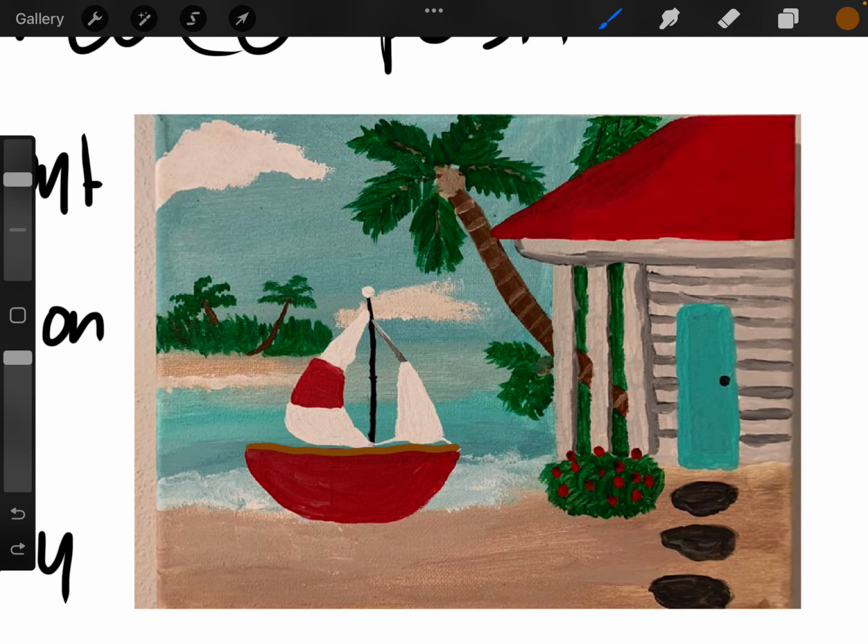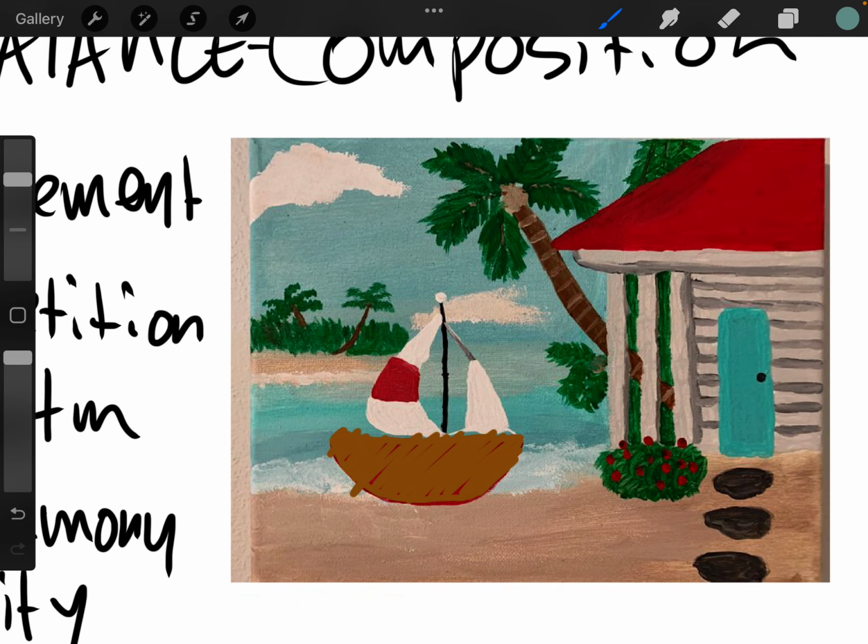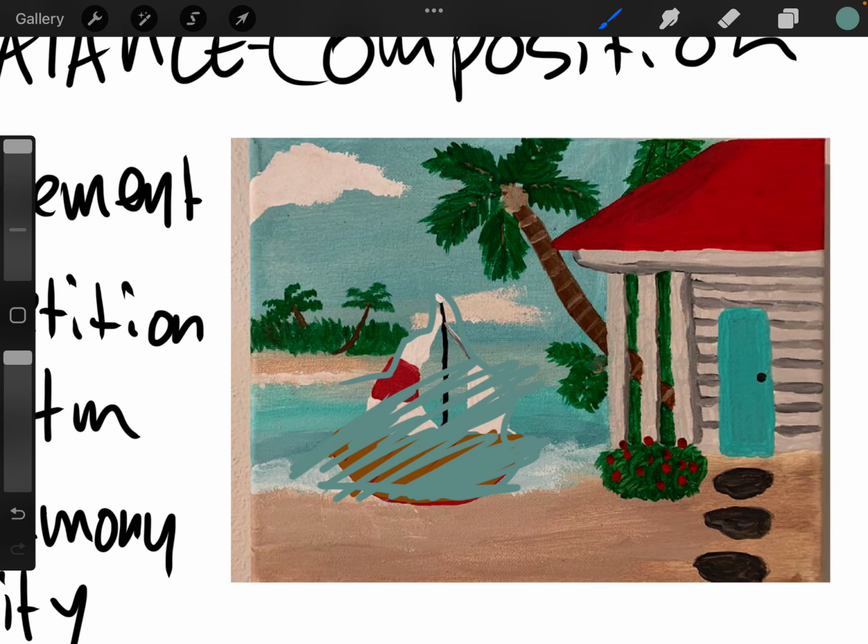If I make this boat brown, like this, then you can see the house becomes a little bit more important, right? So you can really change whatever becomes more important by changing those things, right? If I get rid of all of this, then in this case you can see what's going to happen is that the house is really going to stand out quite a lot, right?